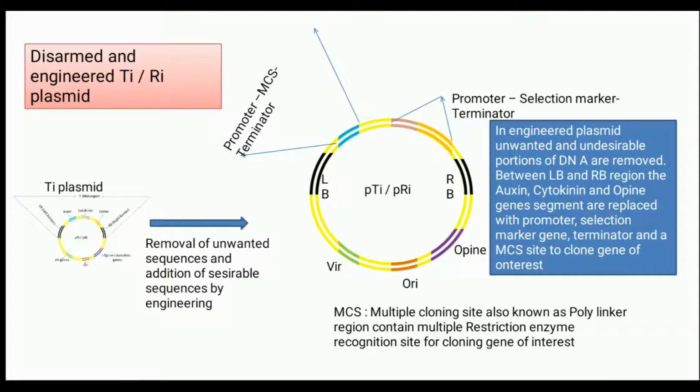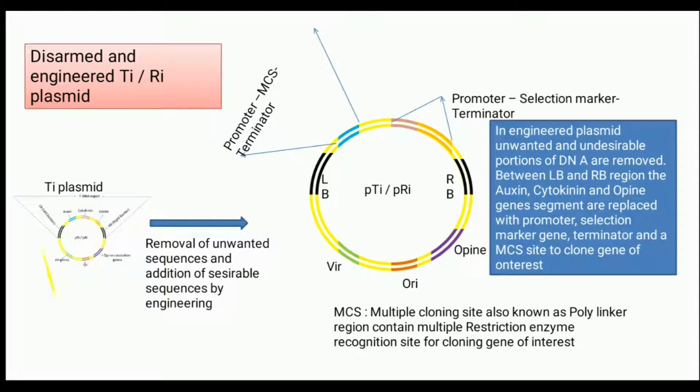The scientists removed the unwanted portions of the genes and undesirable characteristics from the Ti plasmids and incorporated desirable portions such as selection markers, scorable markers, multiple cloning sites, promoters and terminator sequences, so that any gene of interest can be cloned and used.